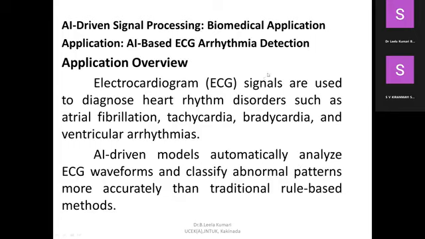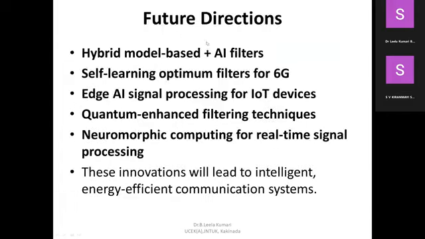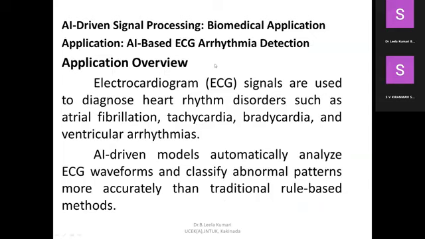And this is another example, in a biomedical application: AI-based ECG arrhythmia detection. Here also, electrocardiogram signals are used to diagnose heart rhythm disorders such as atrial fibrillation and ventricular arrhythmias and so on.